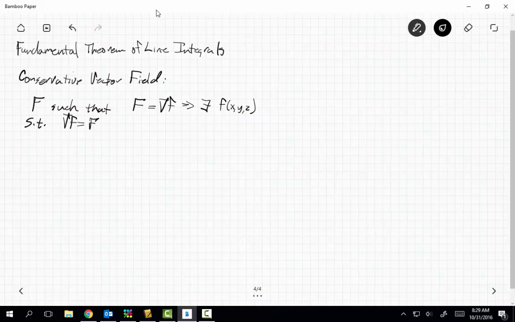This is the fundamental theorem of line integrals. I'm going to write the whole thing out, but it kind of sucks, but that's okay. It says let C be a smooth curve given by some vector function r of t, with t between a and b.